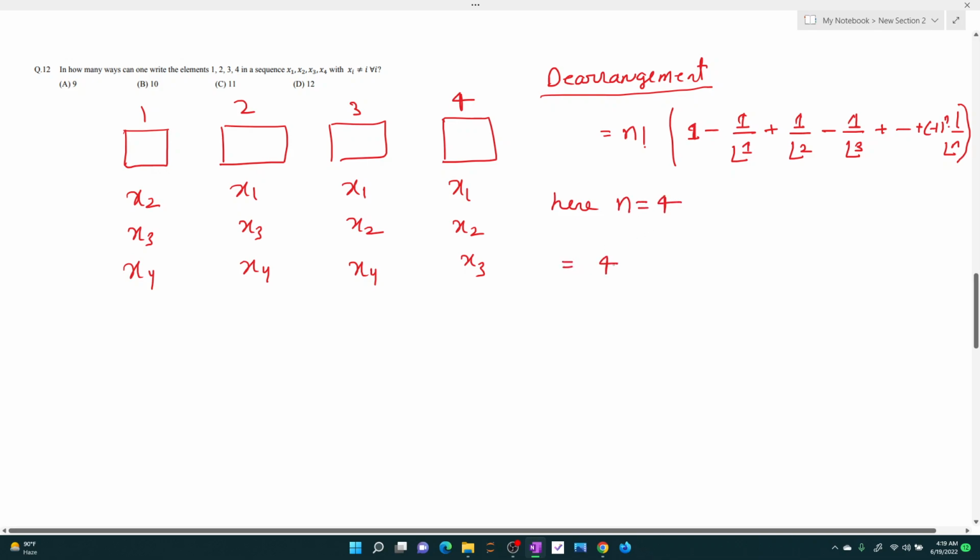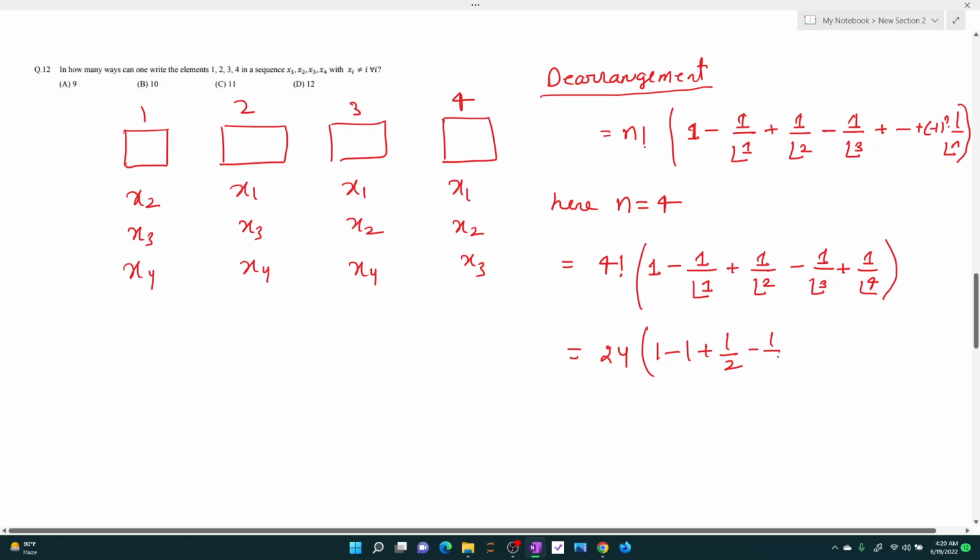So we have 4 factorial here multiplied with 1 minus 1 upon 1 factorial plus 1 upon 2 factorial minus 1 upon 3 factorial, and then last we have 1 upon 4 factorial, right? So this will become 24 into 1 minus 1 plus half minus 1 by 6 plus 1 by 24.